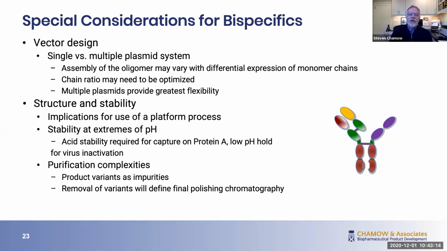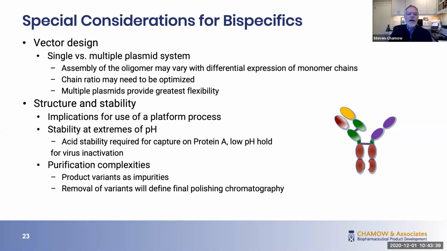So those are important considerations in bispecific technology, bispecific expression, and these are considerations that are made at the very beginning of the program in terms of figuring out, how are we going to make this, and how do we design the expression system so that we minimize the formation of these variants.